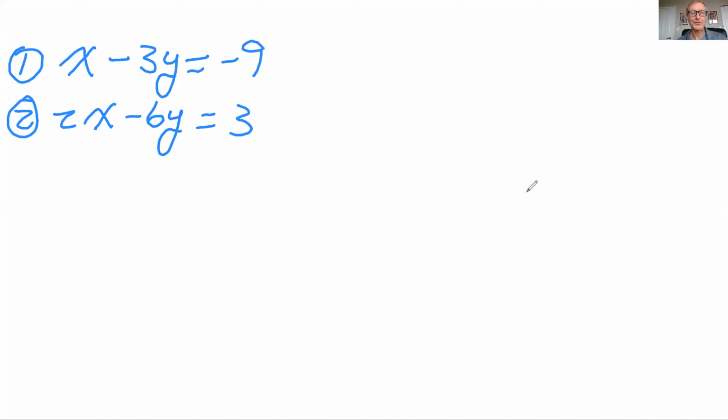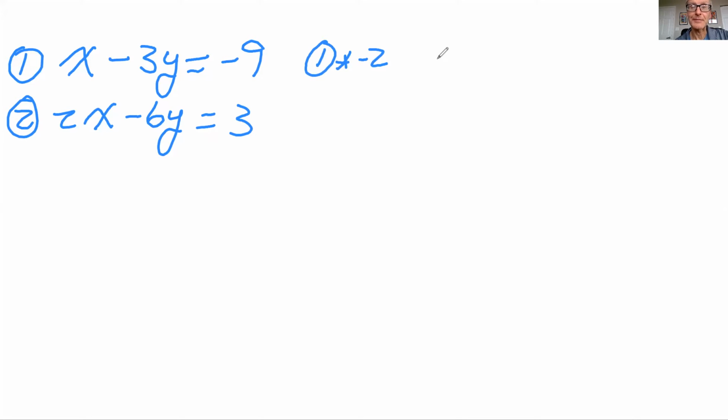So here's the second example we're going to walk through, and I put the equation up on the whiteboard already. Let's get rid of the y variables this time instead of the x, just to show you that you could go either way. In this case, if I take equation 1 and multiply it by -2, that's going to give me 6y here, and 6y and -6y will cancel out.